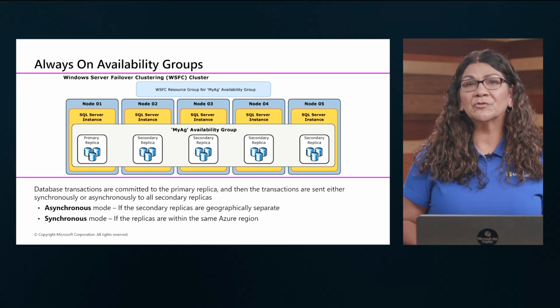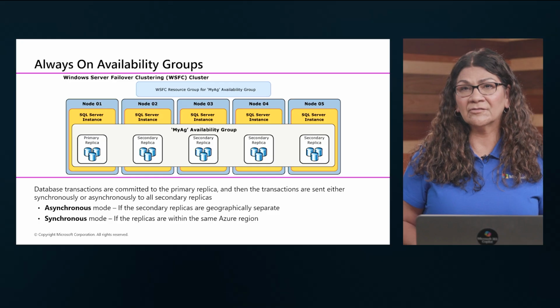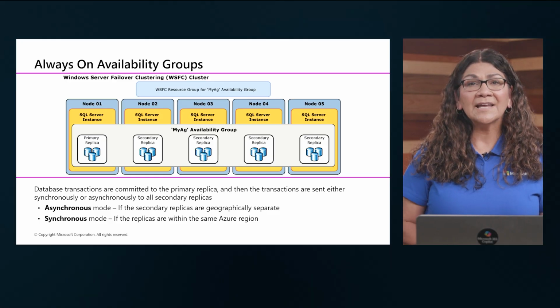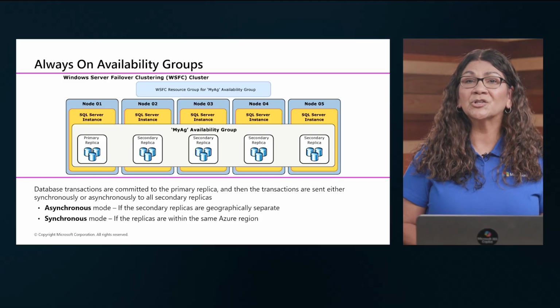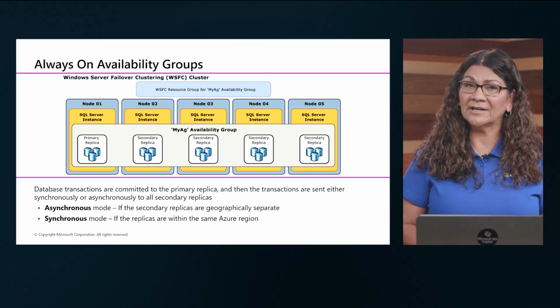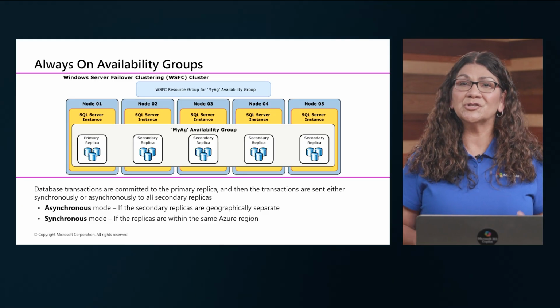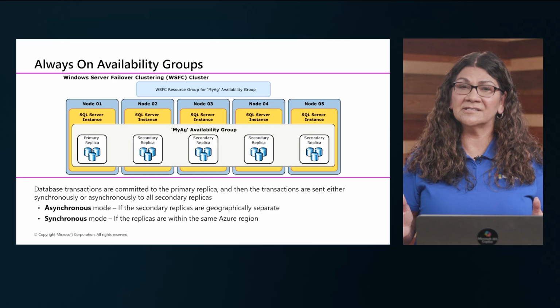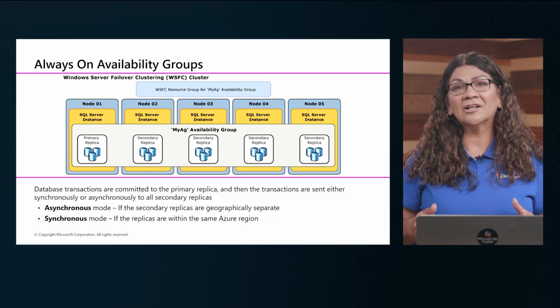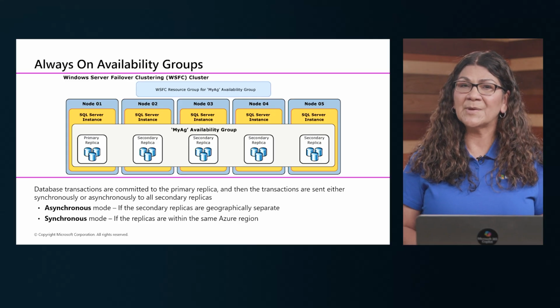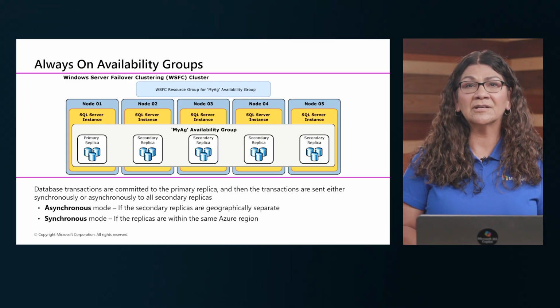Synchronous replication provides zero data loss during failover, and it's ideal for mission-critical applications, while asynchronous replication supports global disaster recovery. Always On availability groups can be implemented across 2 to 9 SQL Server instances, whether hosted entirely on Azure SQL virtual machines or in a hybrid configuration spanning on-prem and cloud environments.